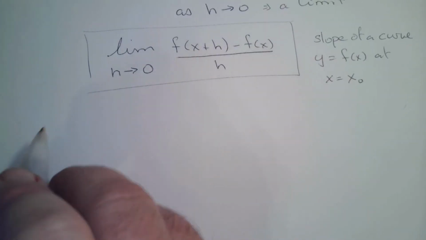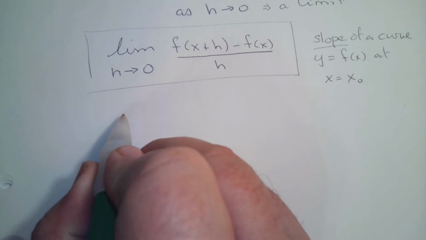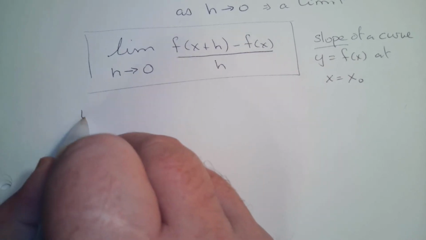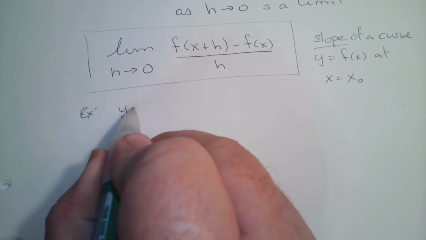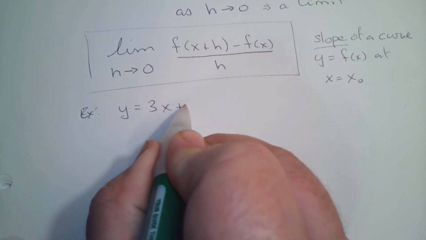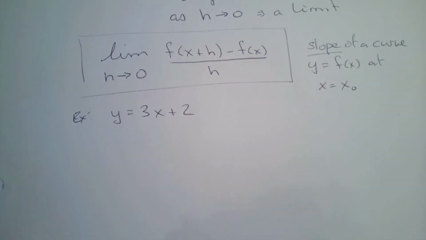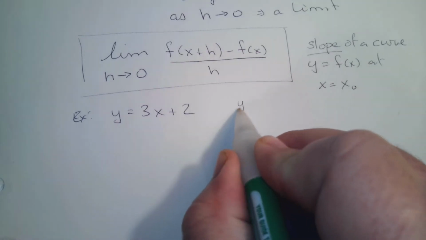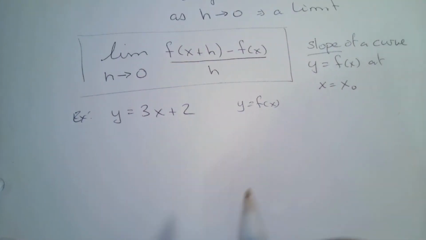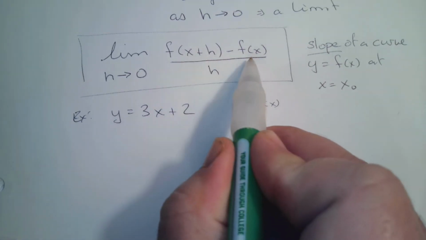Let's see this. Remember, this is a slope. So let's look at this equation. y equals 3x plus 2. Remember, y is the same thing as f of x. So in our equation, we have f of x here.